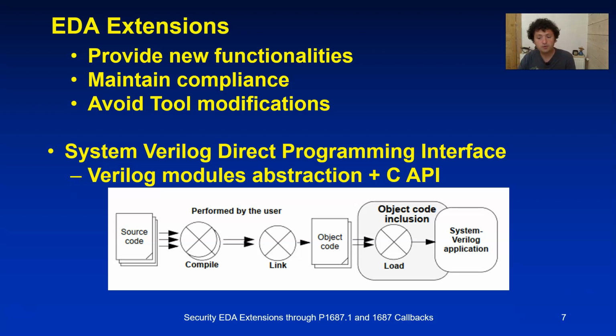So what is possible to do thanks to DPI is to provide some hooks inside the SystemVerilog code that the simulator will be able to use to access external code, usually written in C, that will be executed, so your simulator will be executing custom code that has been defined outside of it, and then will come back to its execution.